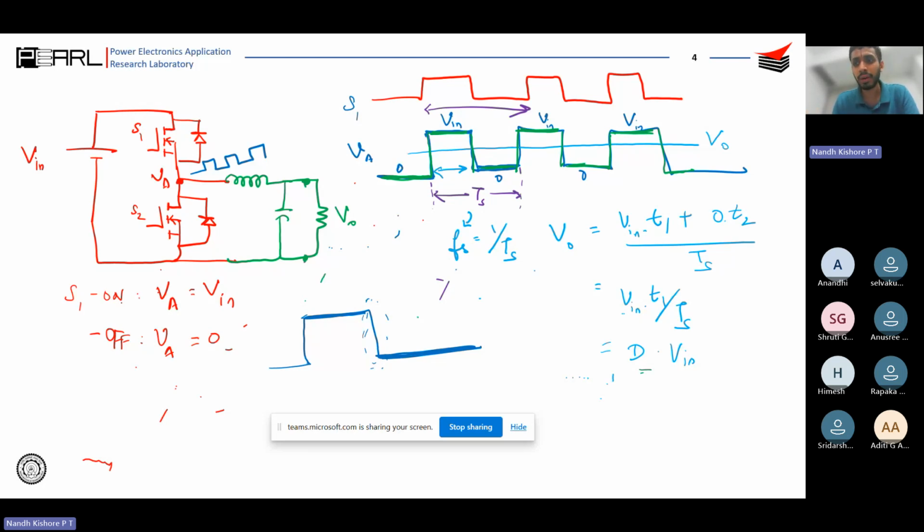So this is fine for a basic level, a UG level understanding of how a buck converter works, or for that matter, any converter. But this course is more about how we design these devices. How do we choose these devices S1 and S2, and on what basis? In a converter design, does the selection of S1 and S2 affect my overall converter operation?